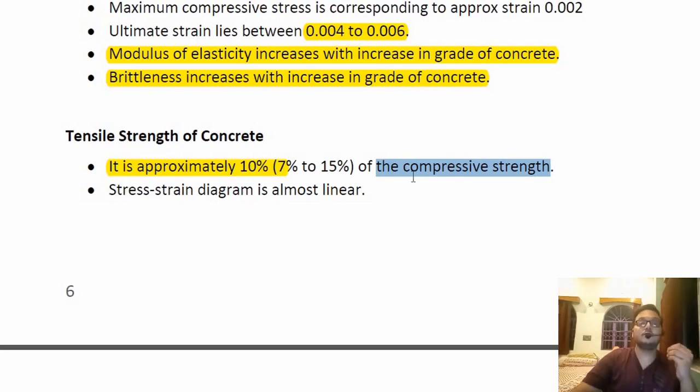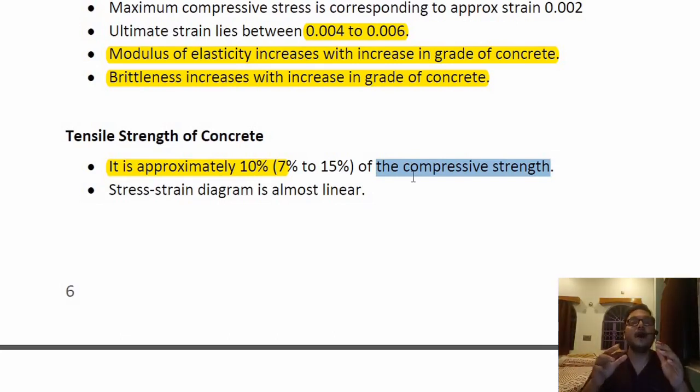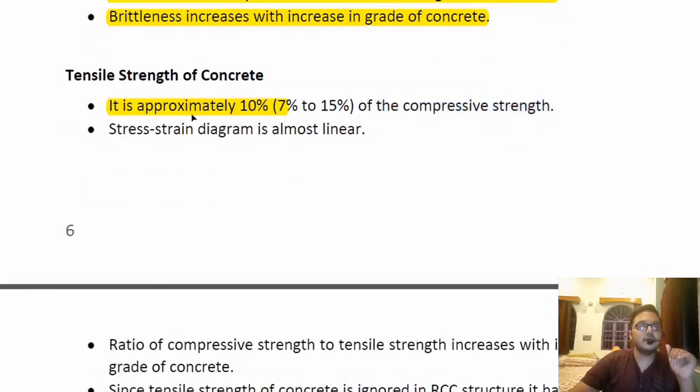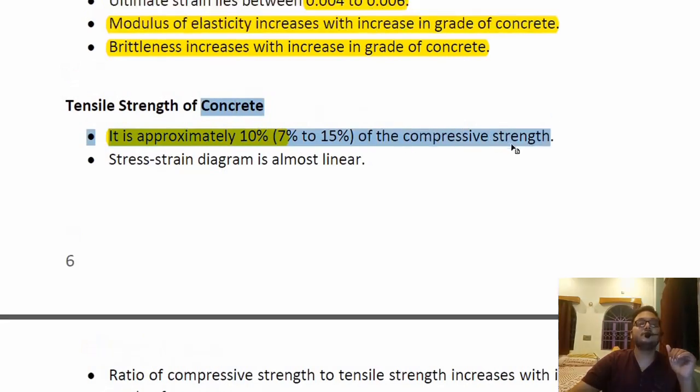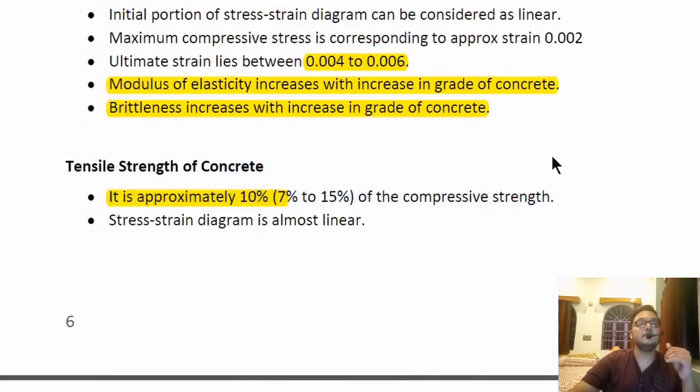You can note one sentence: concrete is very good in compression and very weak in tension. It is found experimentally that the tensile strength of concrete is about 10% of the compressive strength.